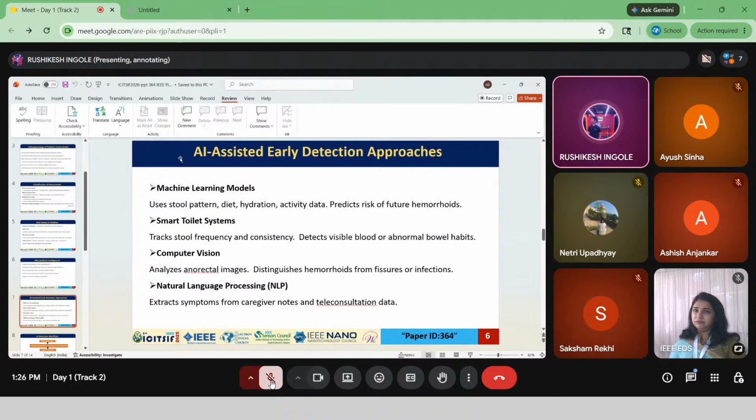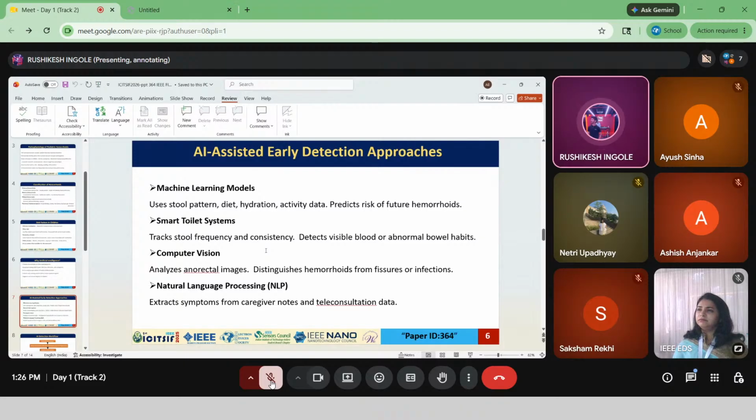AI-assisted early detection approaches: machine learning models that use stool pattern, diet, hydration, and activity data, then predict the risk of future hemorrhoids. Smart toilet systems track stool frequency and consistency, and detect visible blood and abnormal bowel habits.